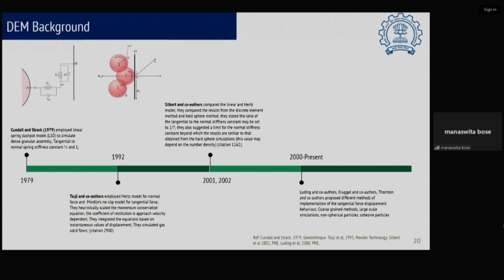Now, Tsuji and co-workers used a nonlinear spring. You can also use a nonlinear spring; you don't necessarily have to use a linear spring. Silbert and co-workers used both linear and nonlinear springs. They used the ratio of KT by Kn as 2/7. The way they came to this number is by setting both time periods equal.